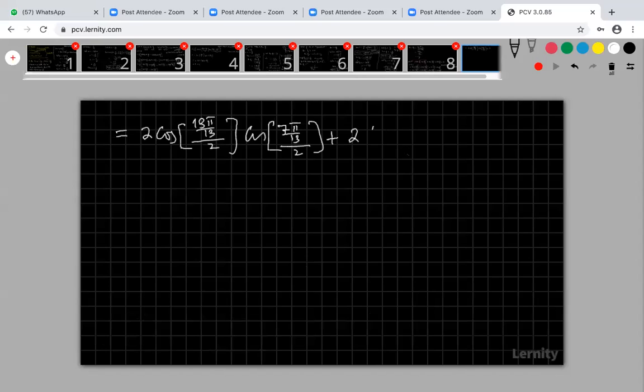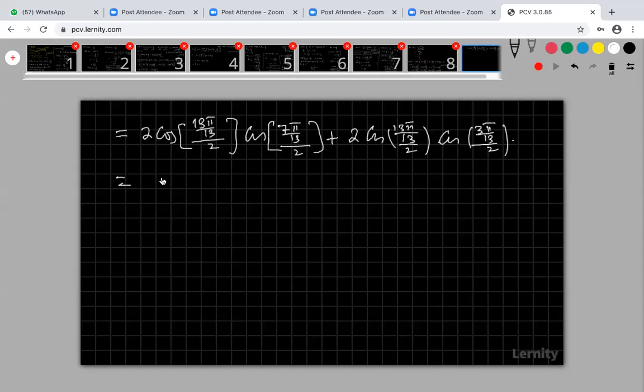That is 3 pi. So cos of 3 pi by 13 divided by 2. Now what is this? 13, 13 cancel. This is 2 cos pi by 2 into cos of 7 pi divided by 26.